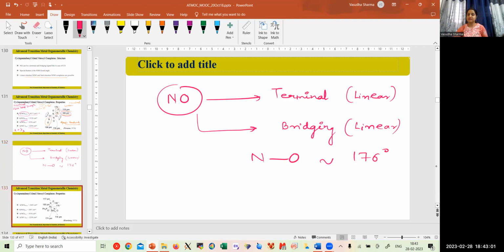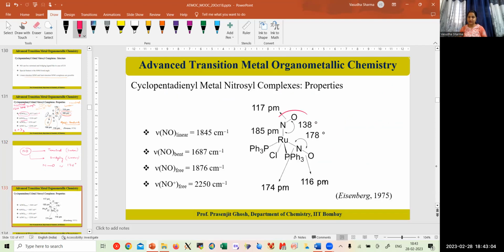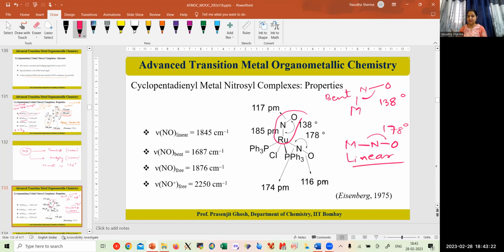Now the second case is a comparison of a bent, as you can see. Now the metal-NO bond angle is 138, whereas for the other metal-NO the bond angle is 178. So now this is the bent one and this is the linear one. Here we are comparing the bent and the linear one. As you can see, the linear again has more frequency compared to the bent one.